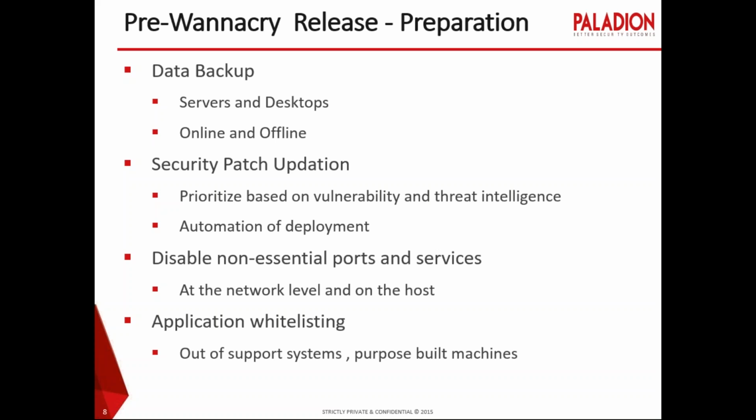The third point is regarding disabling of non-essential ports and services. As my colleague Rajiv pointed out, the WannaCry ransomware is propagating on the SMB port or the file share port, which is port 137, 139, and 445, both on the internal network and on the internet.